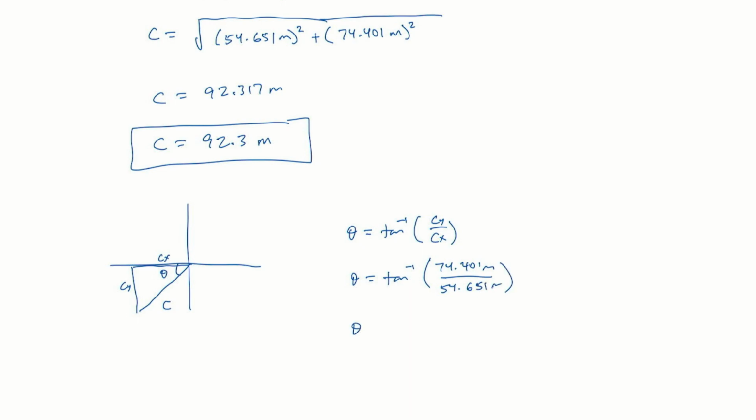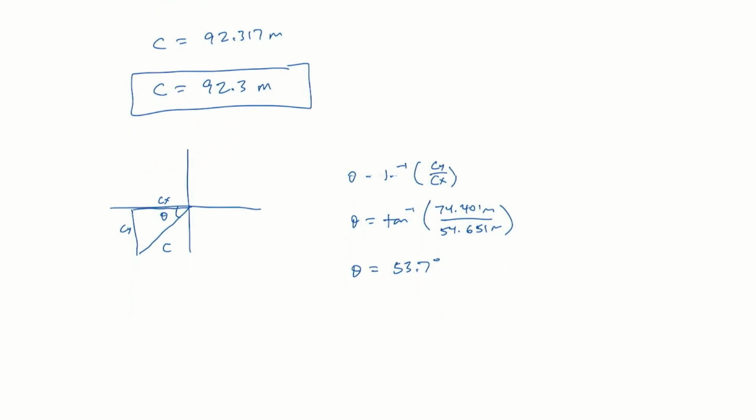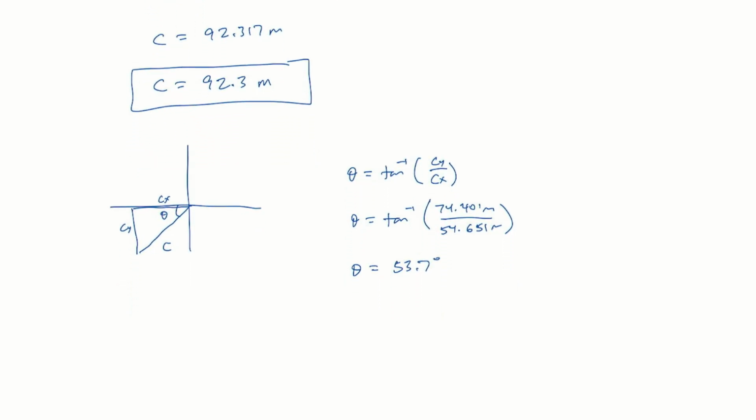Notice the meters cancel. And this gives us 53.7 degrees. And what we can do is say this is south of west.